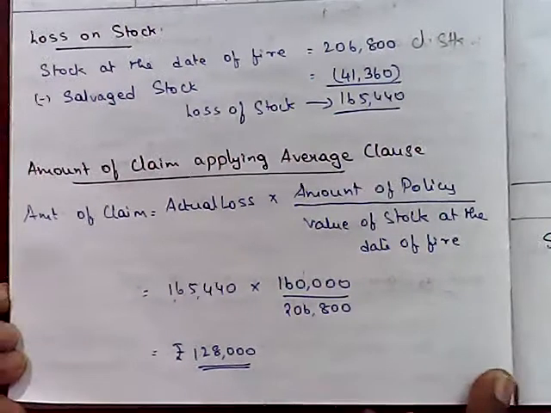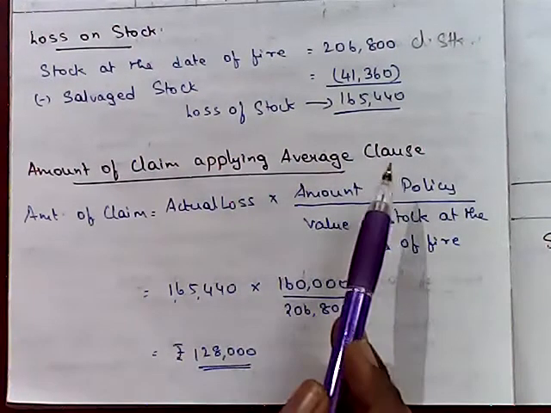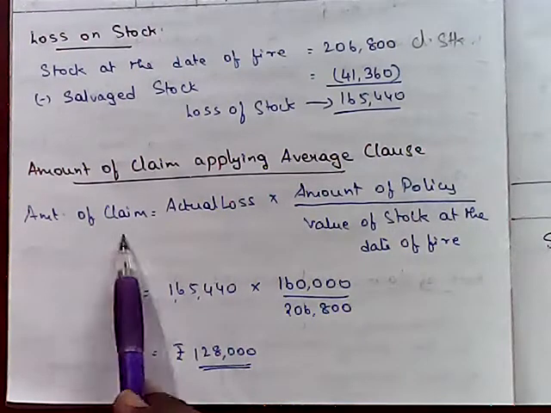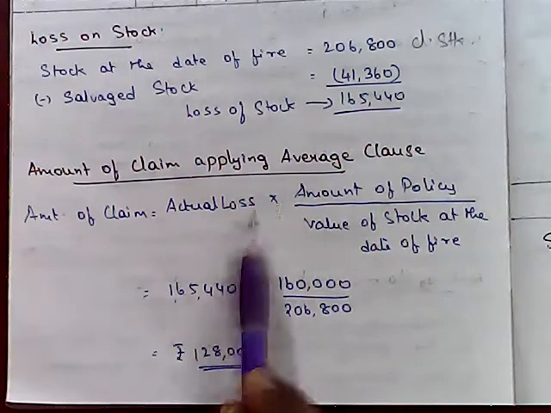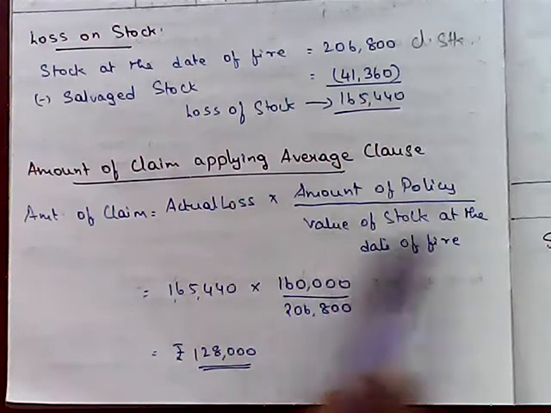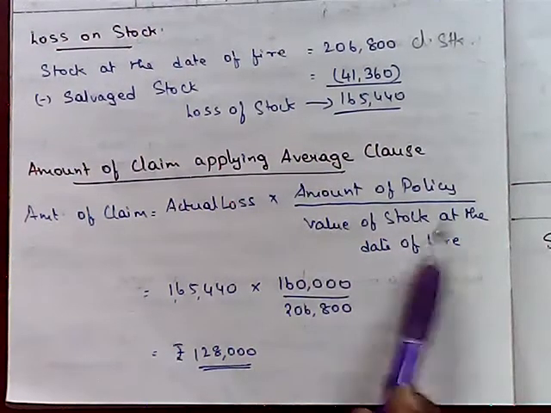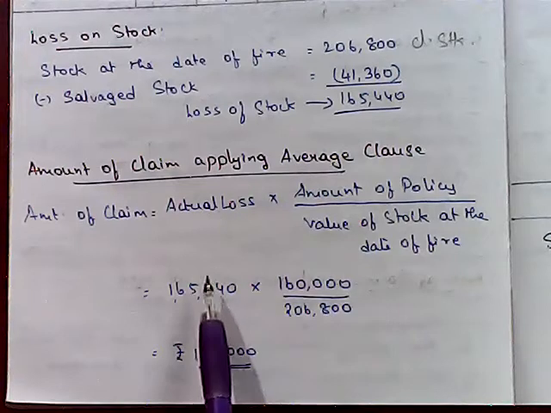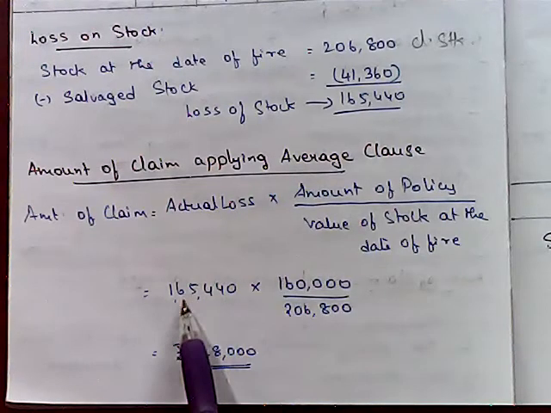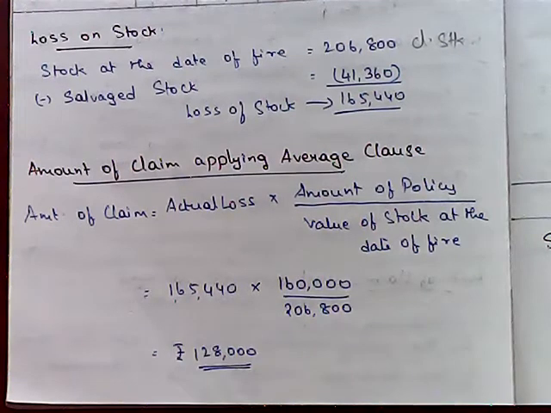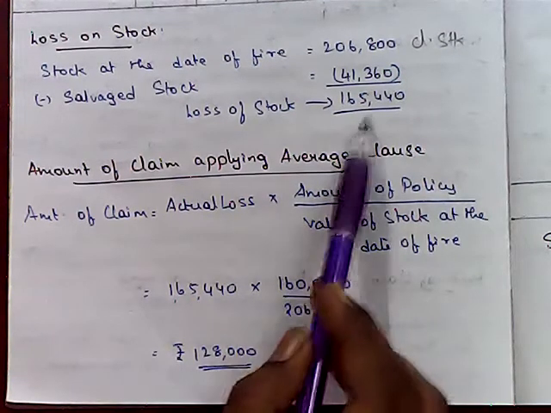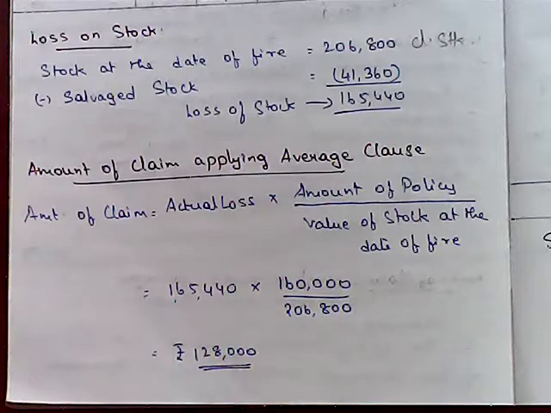Next, in the question they have given that the average clause is applicable. So the amount of claim is equal to actual loss into amount of policy divided by value of stock at the date of fire. So the actual loss is 1,65,440, that is nothing but the loss of stock which we found out earlier.